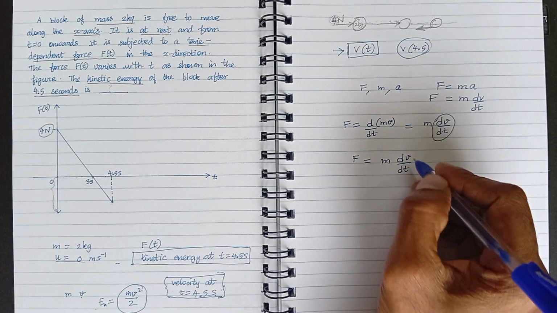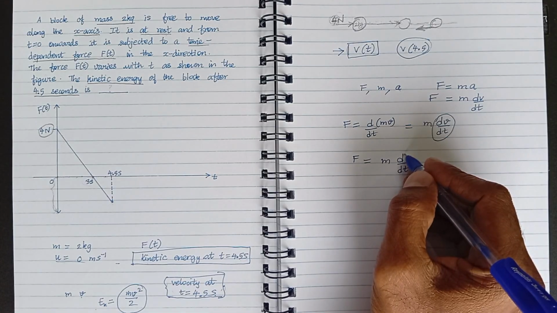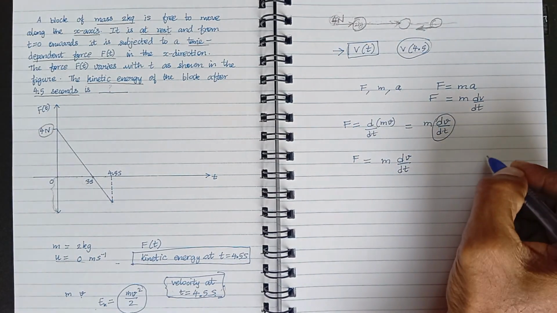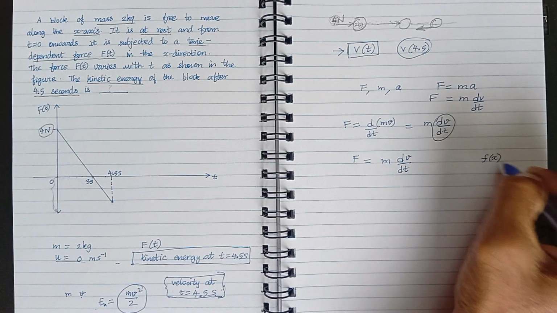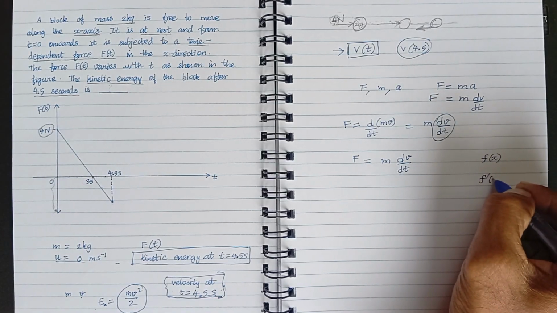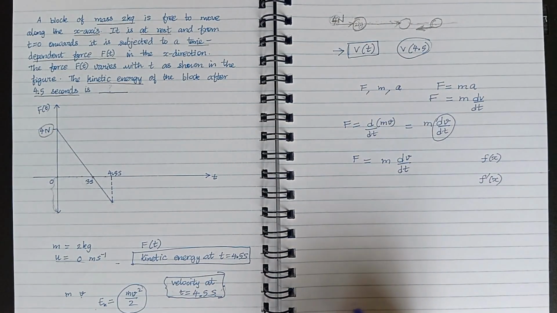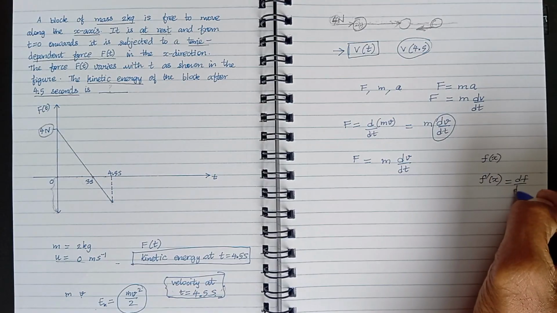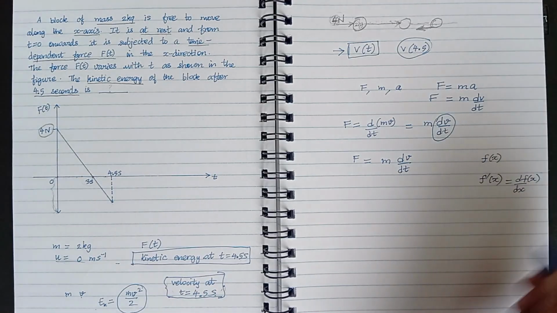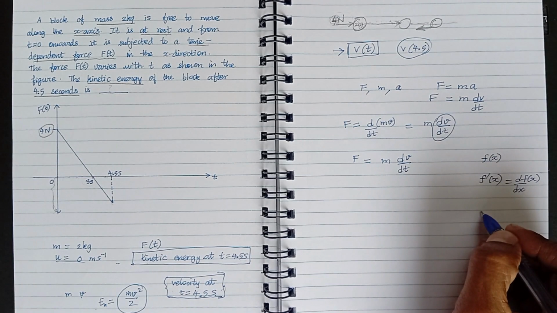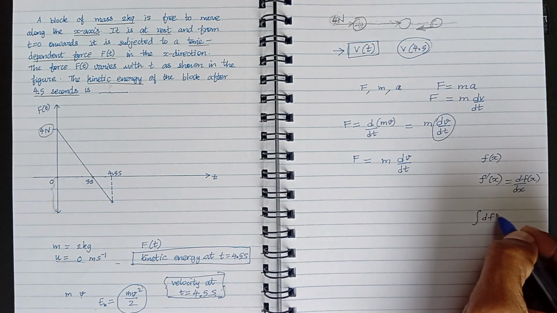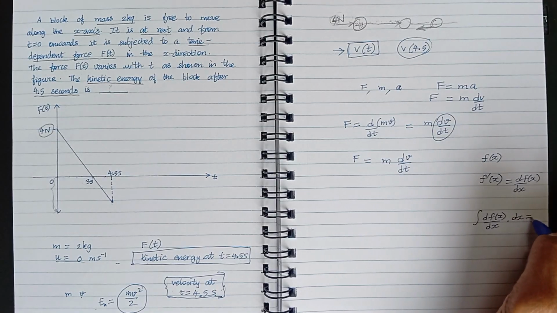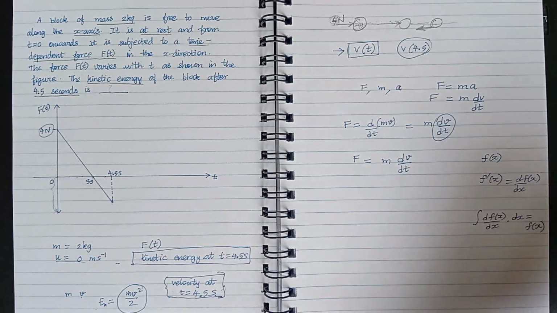So if you know the first derivative of function, then you can get the original function by just integrating it, right? So let us say f of x is a function and f dash of x is its first derivative, right? That is df by dx. Okay, now if you integrate this one, integrate df of x by dx, you are going to get the original function f of x, right?